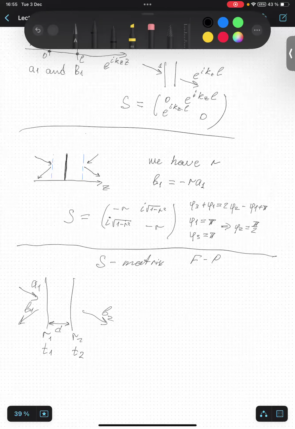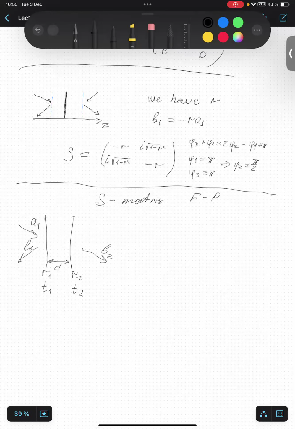So what do we know already? We know S matrices for each mirror because we already obtained it for the semi-transparent mirror. But in order to find B1 and B2, we also need to find fields inside the resonator. So we can draw it like here we have A tilde and B tilde.